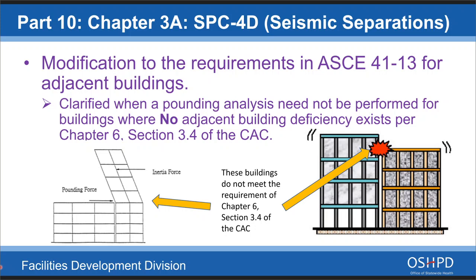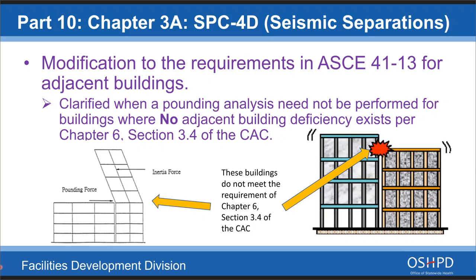So we currently have buildings that are SPC4, SPC5 that would not meet the criteria given in ASCE 41-13 for building separation. So we are saying, okay, we're going to convert buildings that are SPC1 and SPC2 to SPC4D that do not meet the adjacent building criteria. Which will be different now between what ASCE 41 is saying and the California Administrative Code is saying.